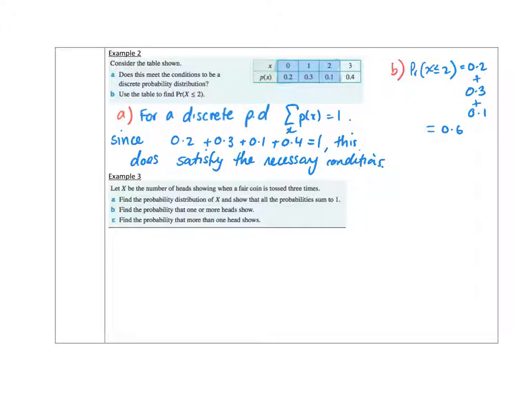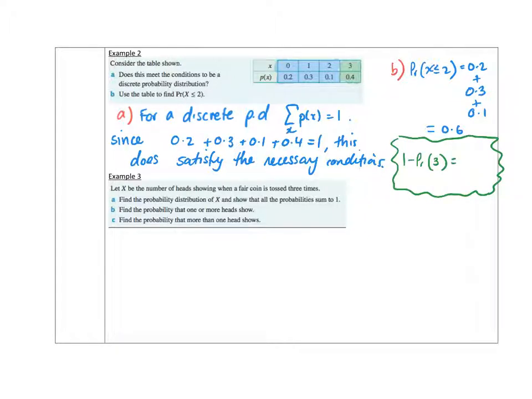Now, as a side note here, we could have thought, well, what is it not? If x is less than or equal to 2, then it's not 3. And so we could have done 1 minus the probability of 3. A little identity here, in this instance, 1 minus the probability of 3, so 1 minus 0.4, is also 0.6.